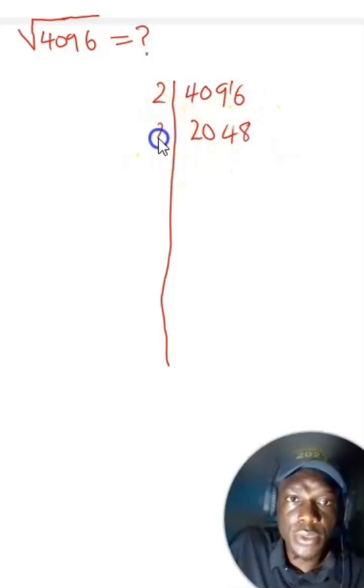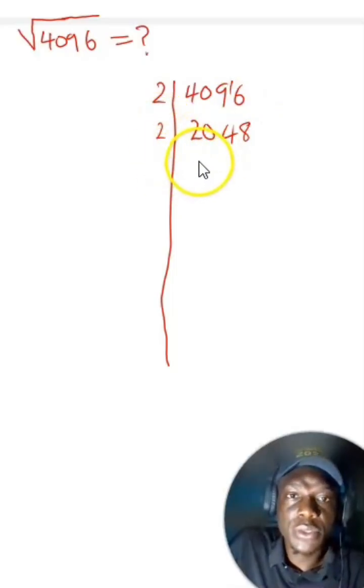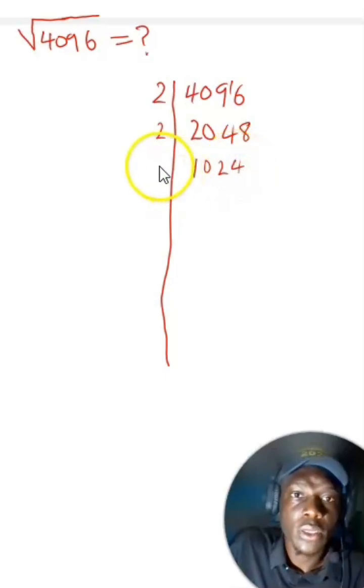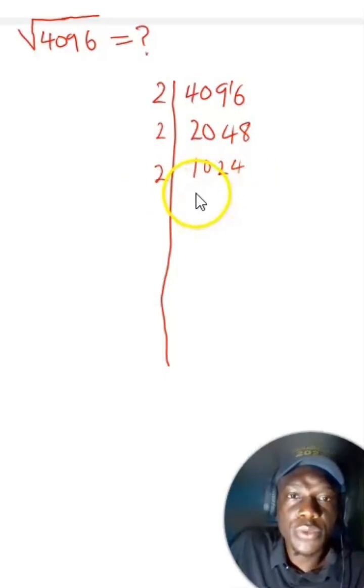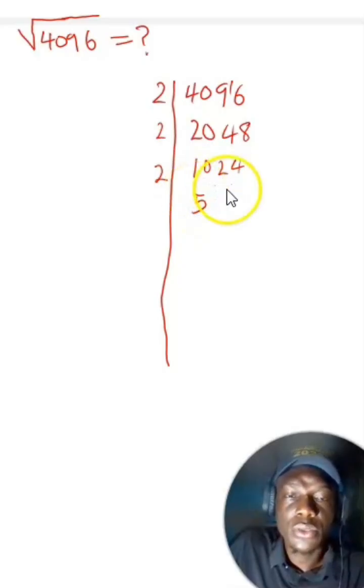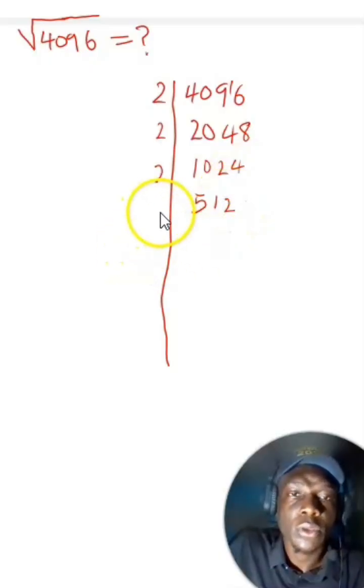You divide by 2 again. 20 divided by 2 gives you 10. 4 divided by 2 gives you 2. 8 divided by 2 gives you 4. We go with 2 again. 10 divided by 2 gives you 5. 2 divided by 2 gives you 1. Then 4 divided by 2 is 2. We keep on dividing it like that.